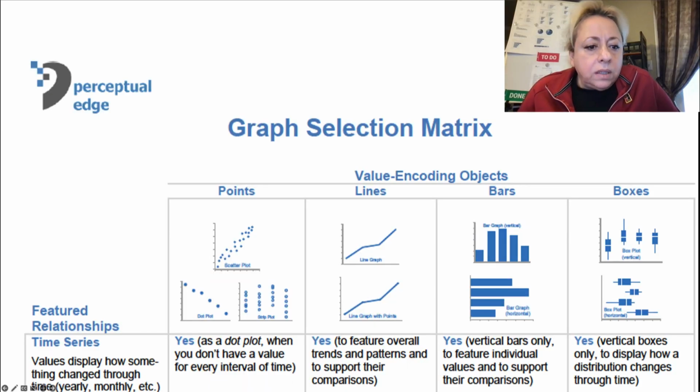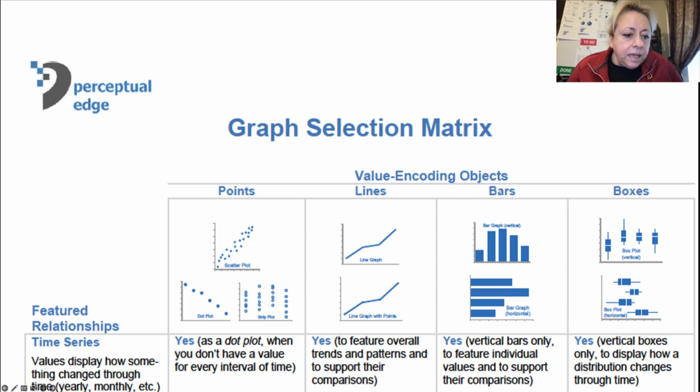So what is called the graph selection matrix will be provided, and a direct link to download it through this session. This chart will tell you automatically, when you look at it, what relationship you are trying to create. Look at the column of this table. Points, is it line, is it bars or boxes?